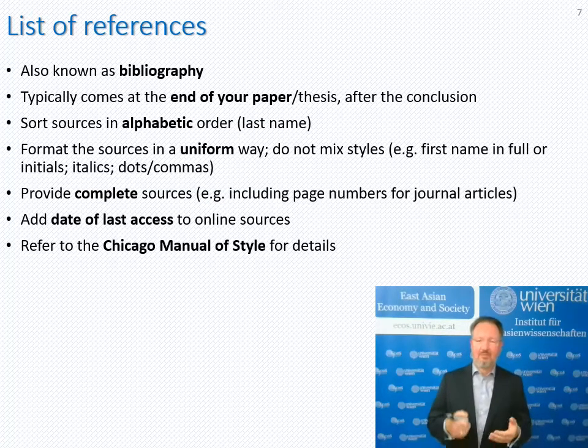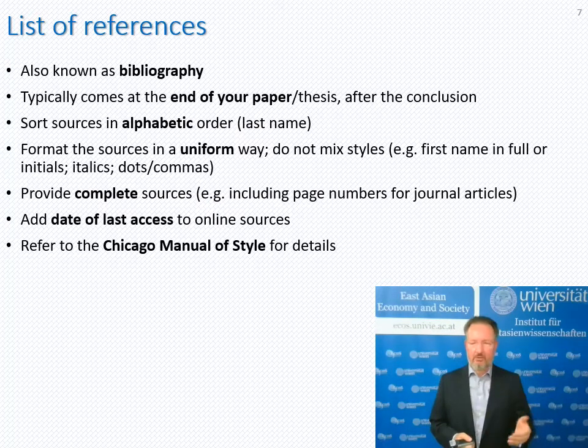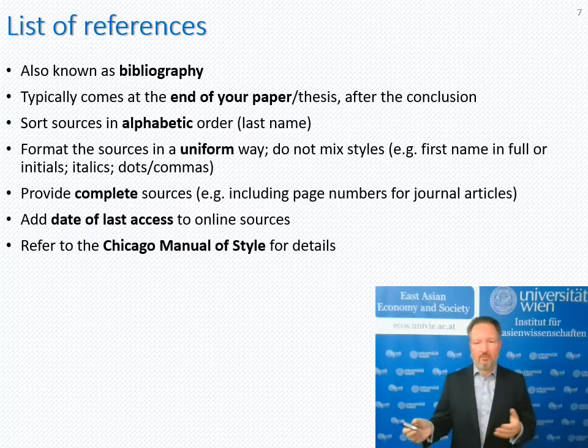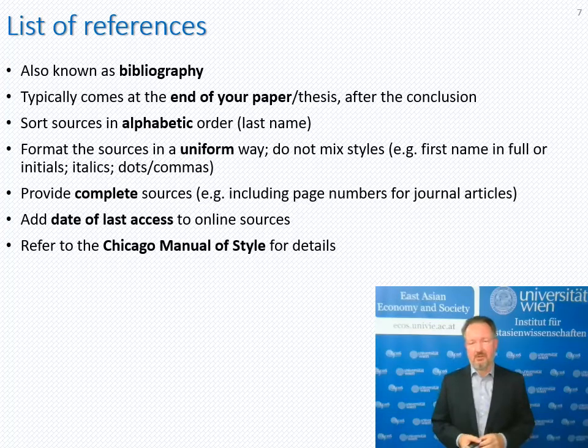So there might be some kind of a logical justification or reason behind using just the acronym for the first name. But for your thesis, since the list of references doesn't count as part of the overall text, so there's no limitation, neither for a term paper nor for a master's thesis, I would actually like to see the full first names. That makes sense, especially if in that example it's a Mr. or Mrs. Smith.